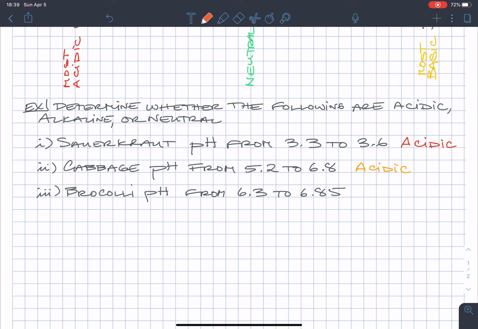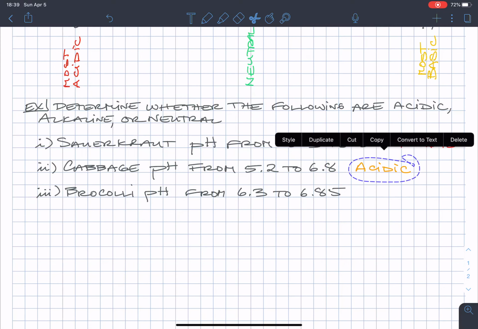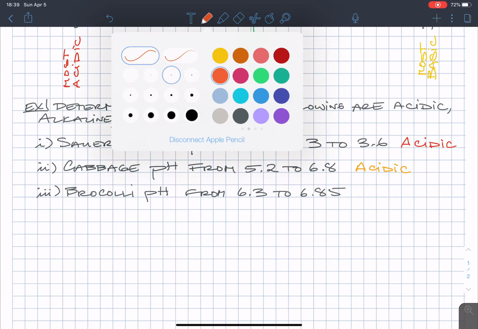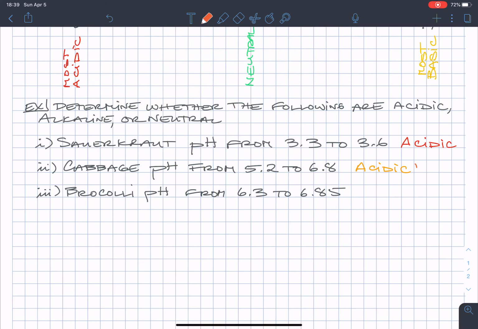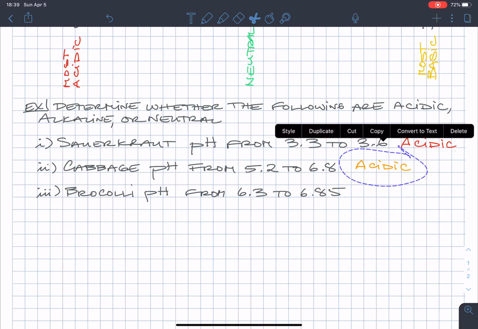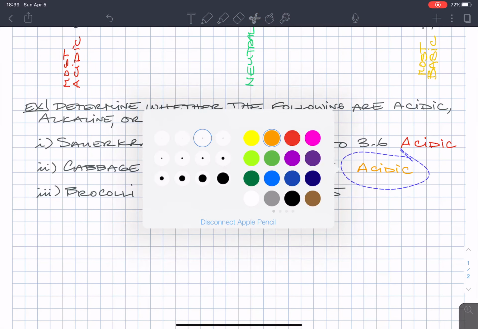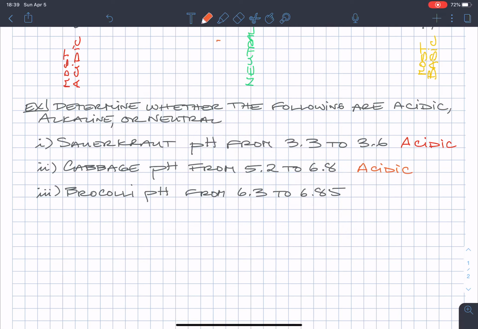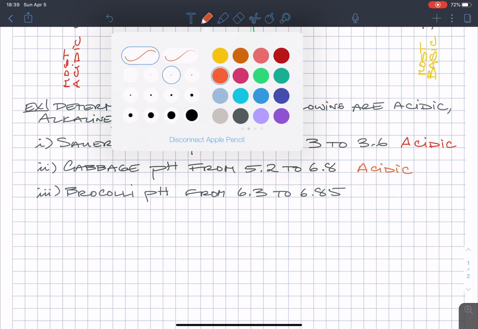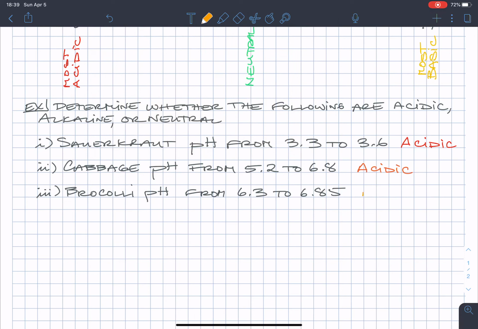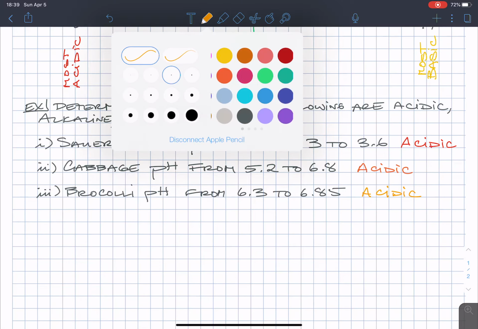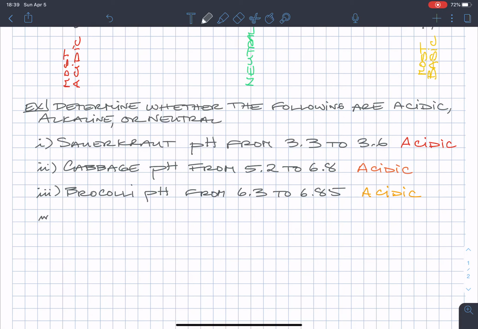I want the style of this to be the darker orange so that I can use the lighter orange for broccoli. So this is acidic, once again, almost neutral, right? So number 4.